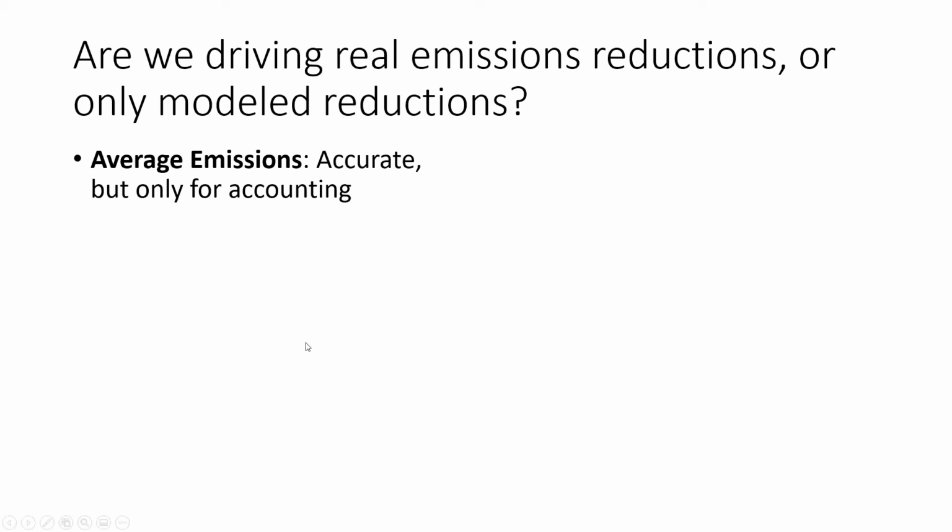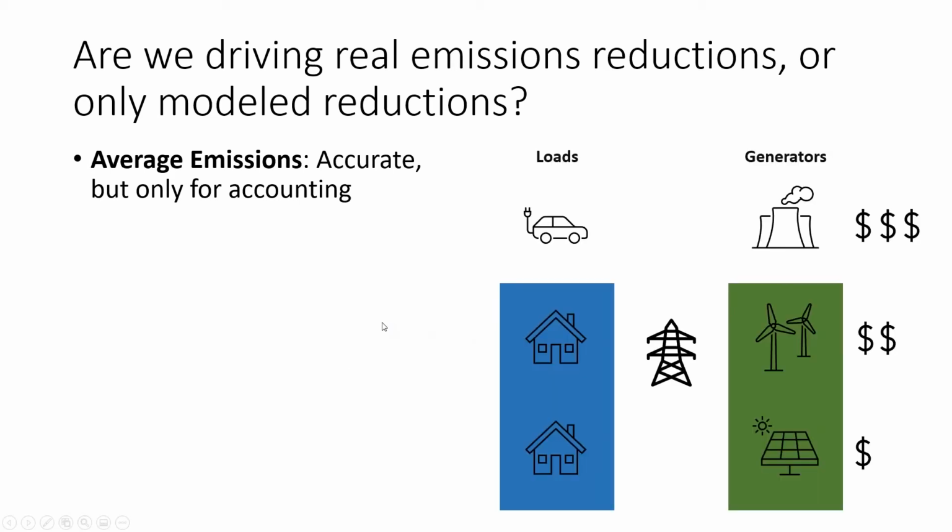And this is because when you plug in some sort of load, like an electric vehicle, for example, it's not all power plants that ramp up equally to meet that demand, but rather there's a small number of what we call marginal plants that respond. So let's look at an illustration here. On the left we have energy loads, on the right we have generators, and the amount of generation illustrated by the green and blue bars matches the amount of load currently.